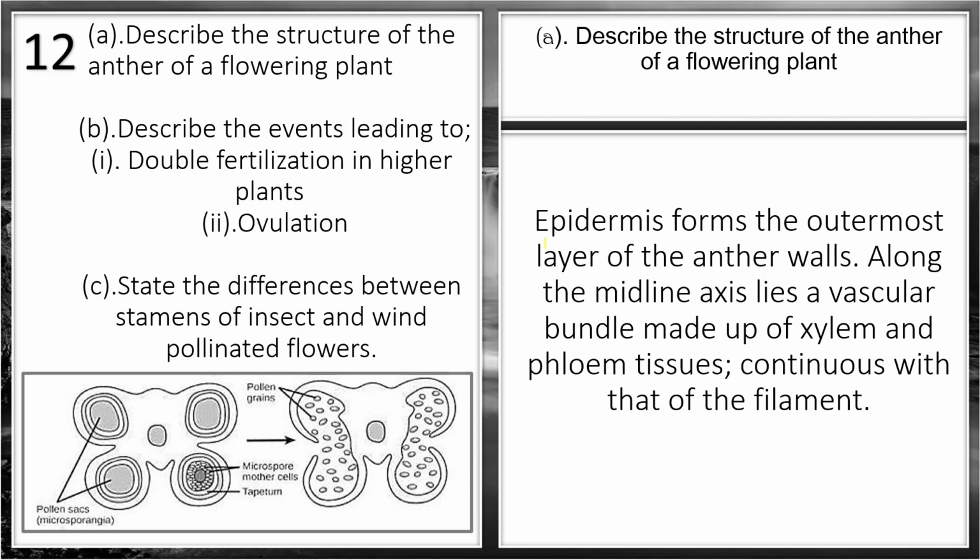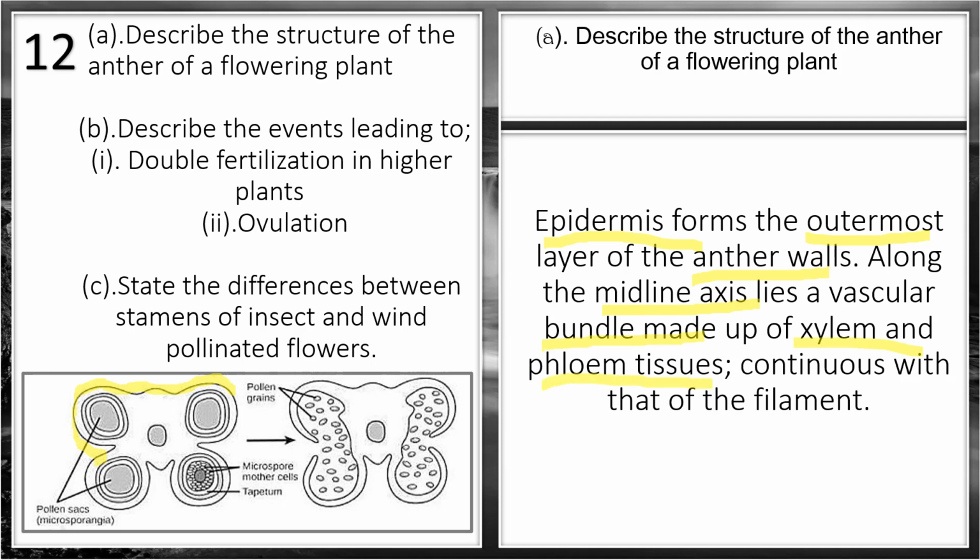The epidermis forms the outermost layer of the anther wall. Along the midline axis lies the vascular bundle made of the xylem and the phloem tissue.